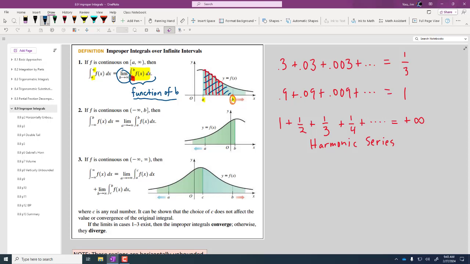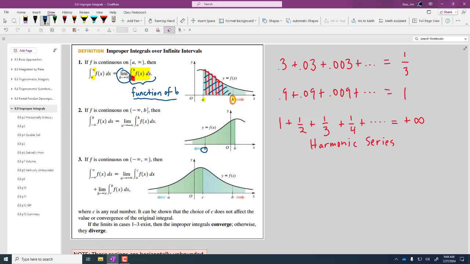With a tail to the left, this book, and lots of books, do it differently, but this book does a on the left endpoint. B is going to be your sort of artificial right endpoint that you then take the limit of. If the tail is to the left, we're integrating from negative infinity to b, so b is your fixed number here. That's fixed. That's a constant that's given. And then we're going to let a represent the artificial left endpoint.